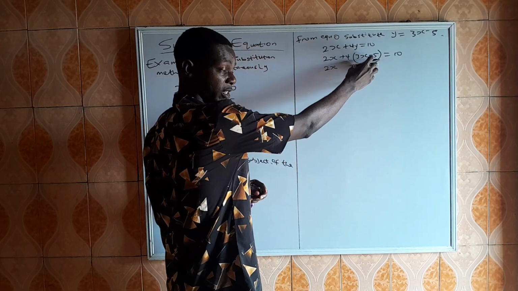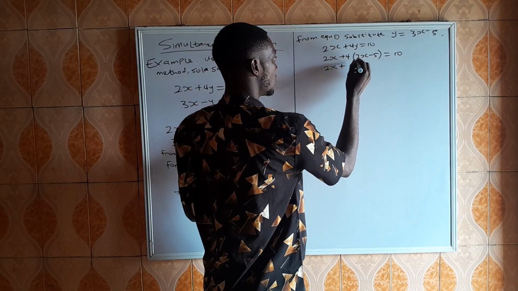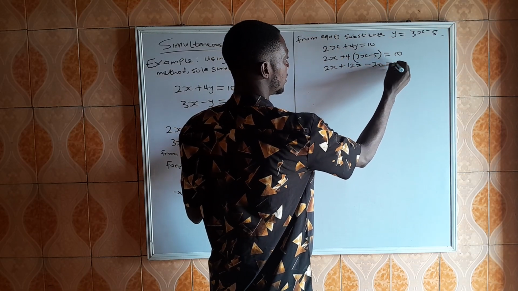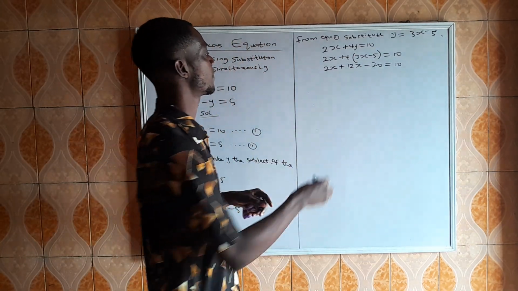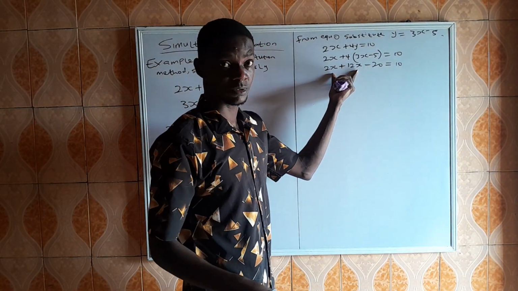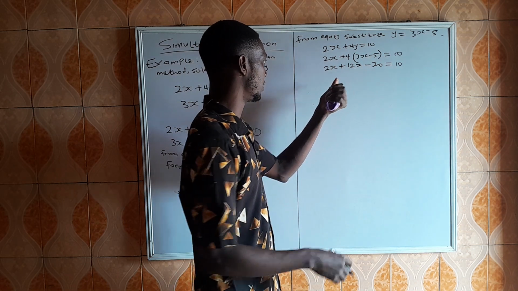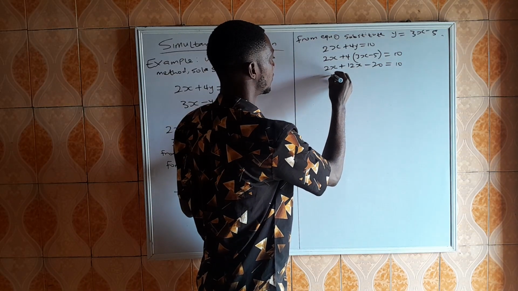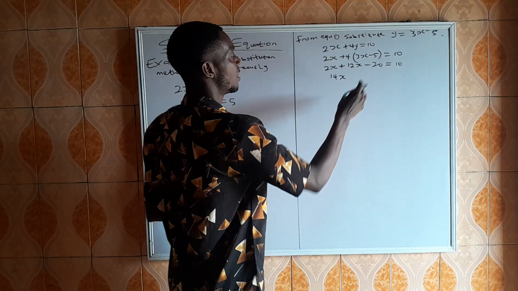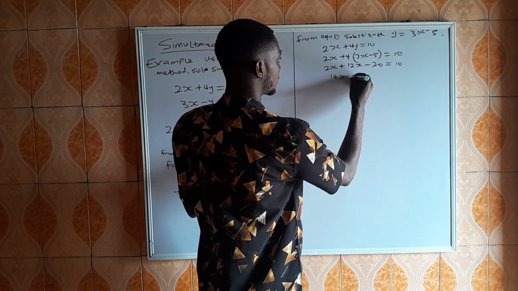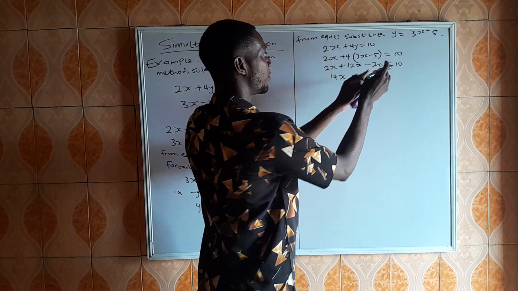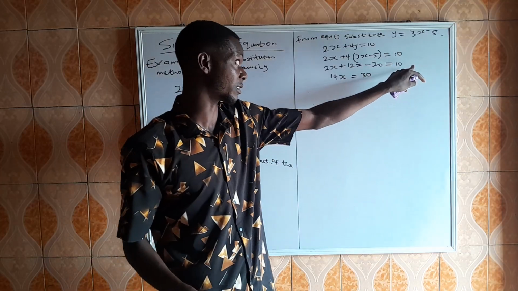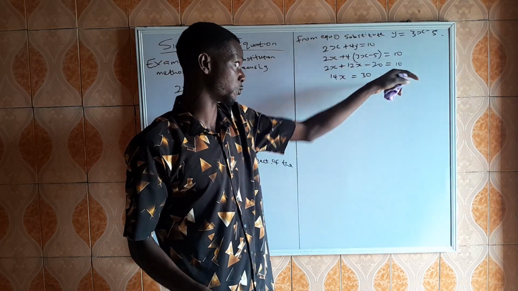Now when you open this bracket and expand it, you have 2x plus 12x, since 4 multiplied by 3 is 12, minus 20 equals 10. Collecting the like terms, 2x plus 12x gives 14x. Moving the constant to the other side, minus 20 becomes plus 20, so that is 10 plus 20, which is 30.